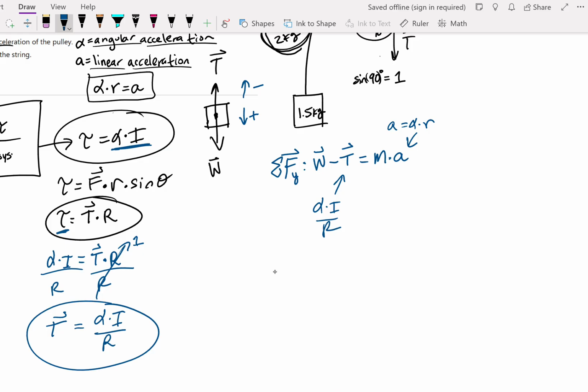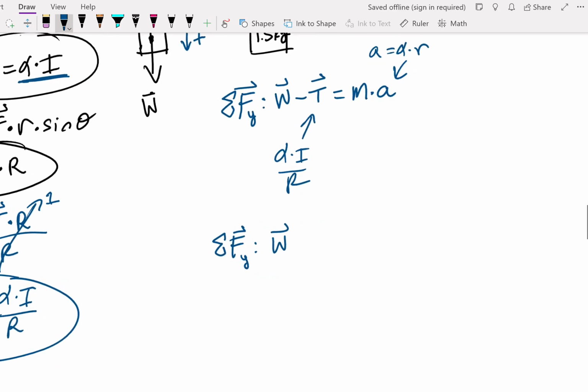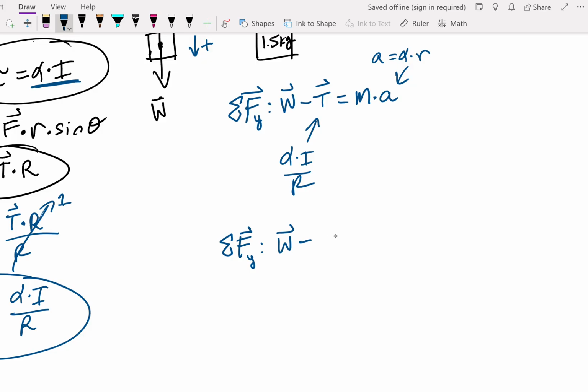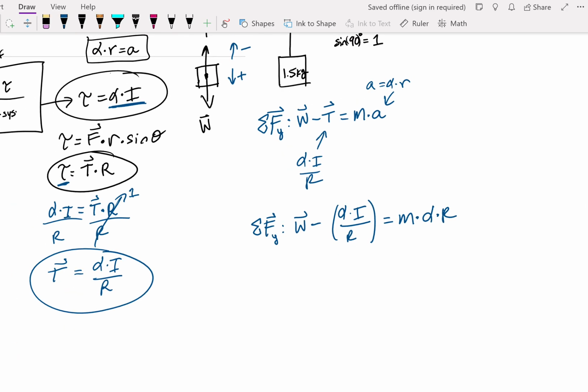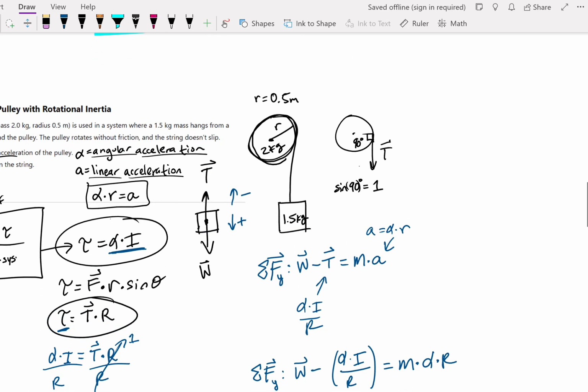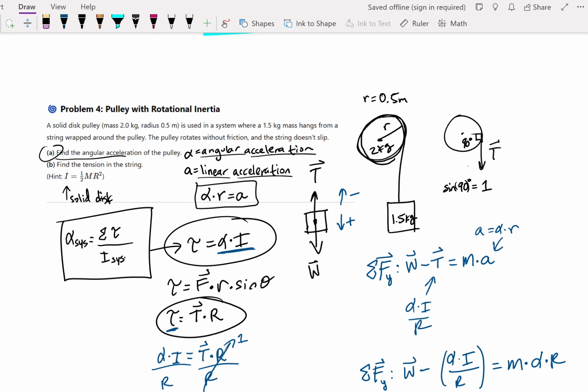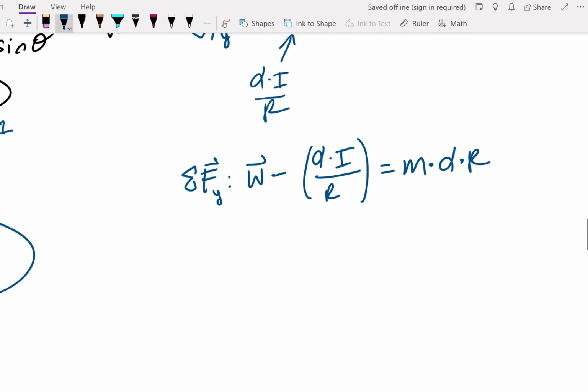So this is telling us that the sum of the forces in the y direction are the weight minus alpha times inertia divided by the radius, and that's all equal to the mass times the angular acceleration times the radius. Remember our goal? Our goal is to find the angular acceleration of the pulley. So we have to solve for angular acceleration, right?